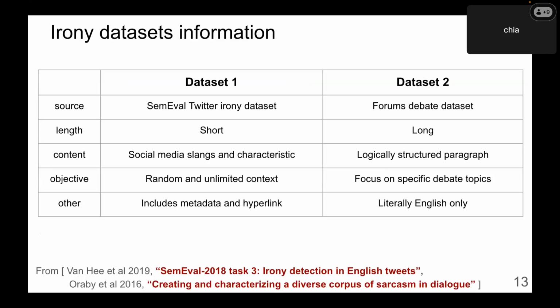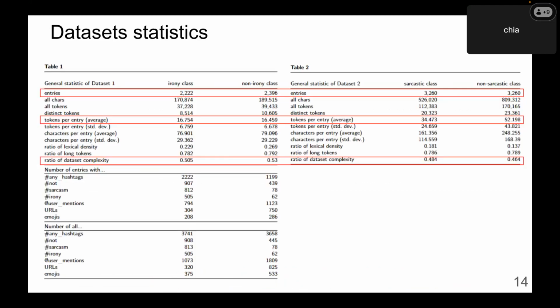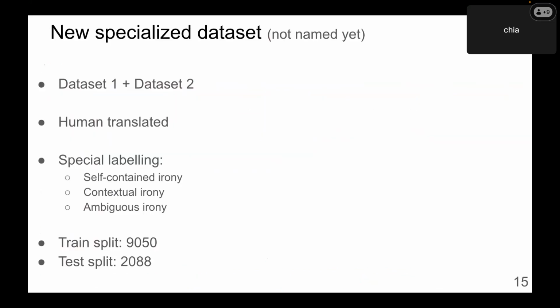The other data set is a forum debate data set, which is all long data and logically structured. These are some statistics of the data. I combined them into one data set, which I will call data set 3 here.